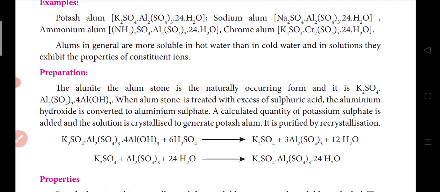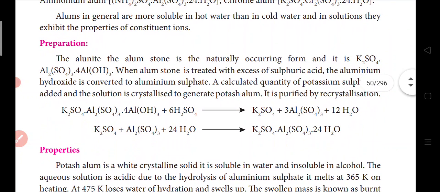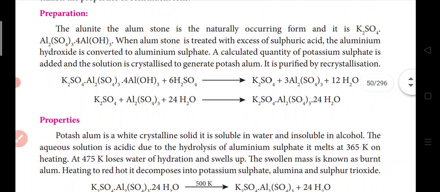A calculated quantity of potassium sulfate is added and the solution is crystallized to give potash alum, which is purified by recrystallization.